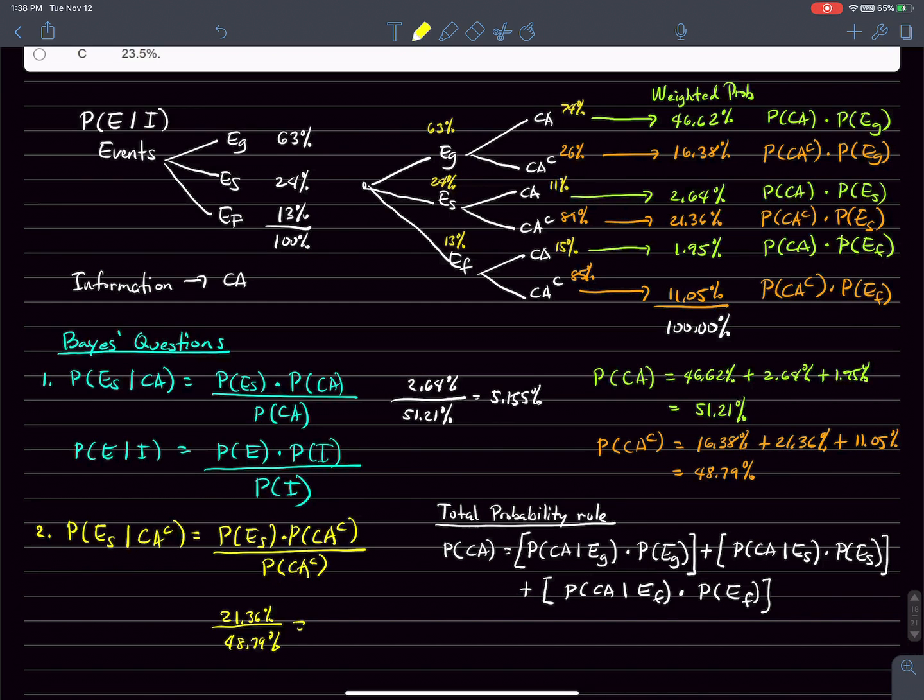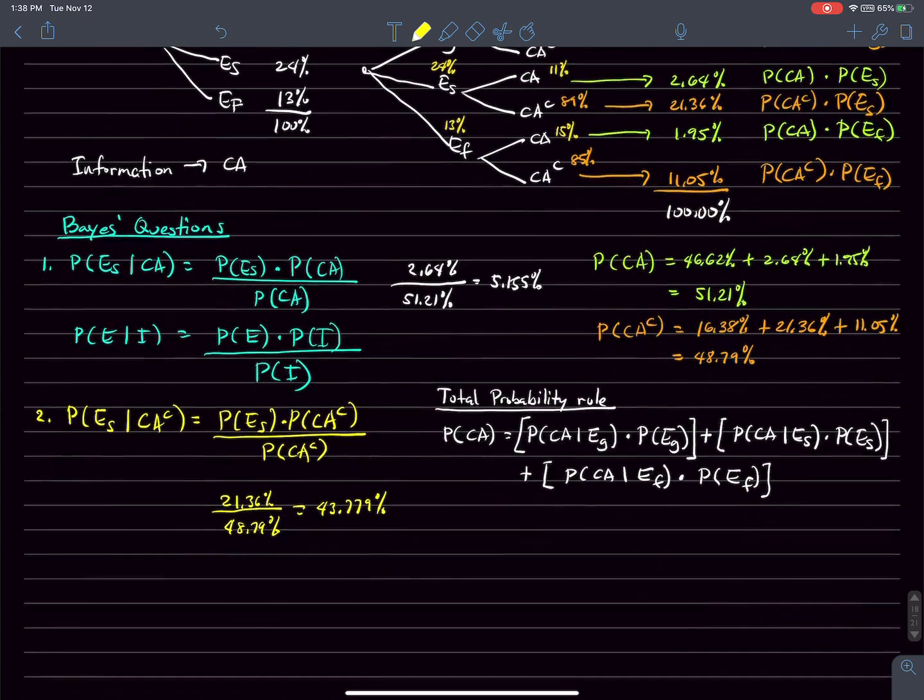What's the Bayes formula here? It's this one, 21.36 divided by 48.79. If you use this, it will be a lot easier. But you have to do it fast, like in 90 seconds. So good luck. 43.79%. Then you can go on and on.